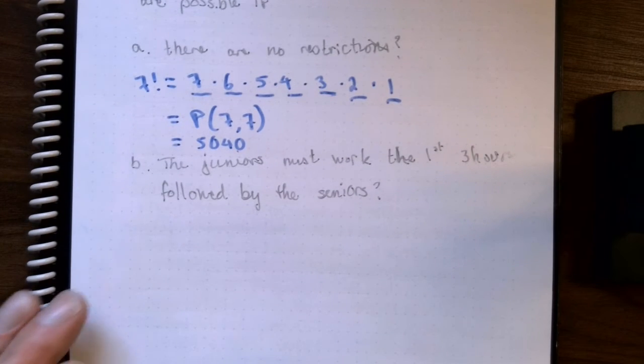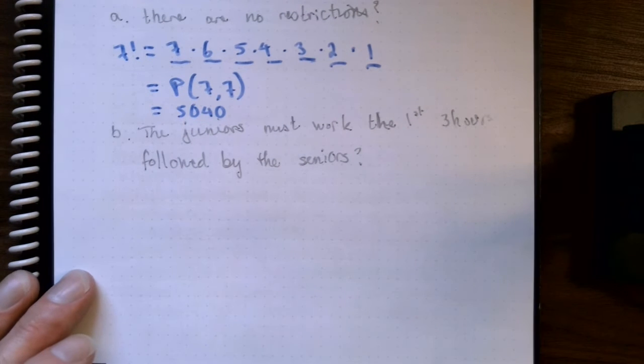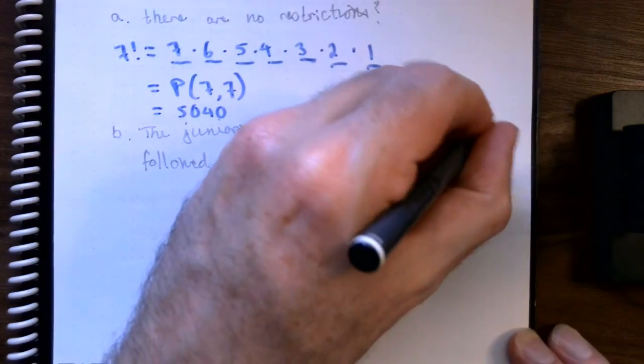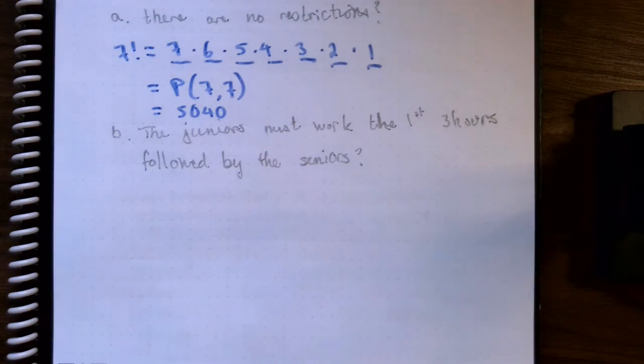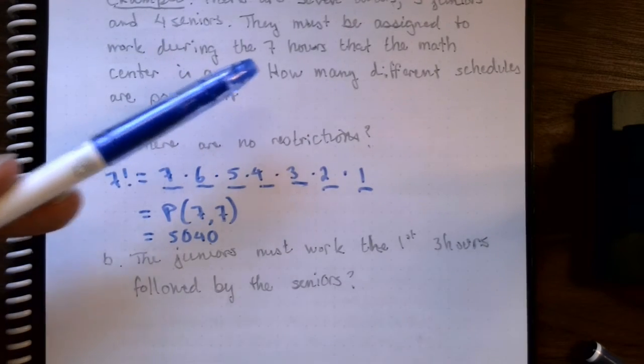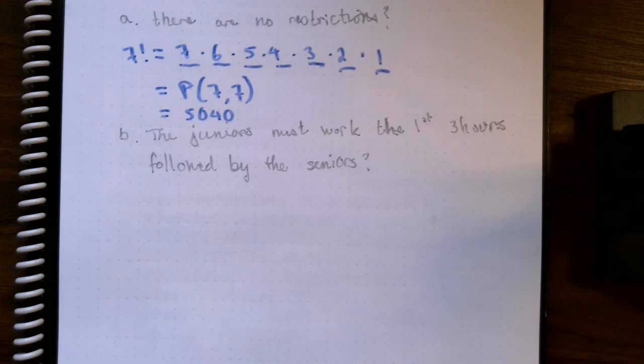So let's look at this. This is the situation where we have a restriction on who can work when. Okay, the juniors are going to take the first 3 hours, and then the seniors are going to take the next 4 hours. Right? Because we set up here, the math center is open for 7 hours.